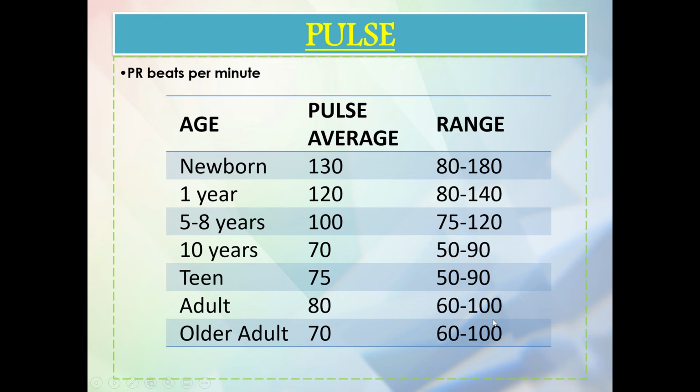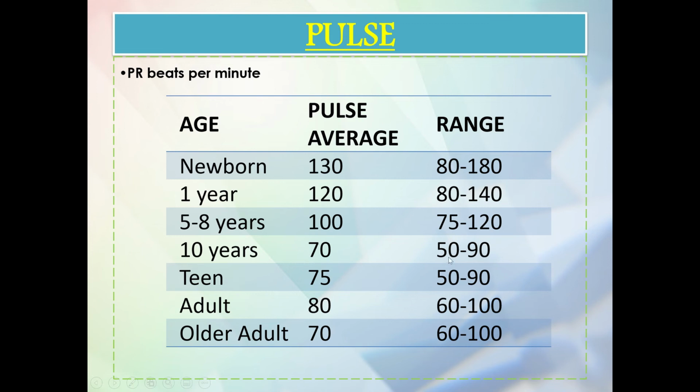So kung makakuha ka, for example, ng 62, 63, or 99, 98, so within normal pa yan, or within the average for adult. Pero kapag sa ibang age bracket mo siya kinuha, you have to check yung kanyang usual or kinompare. For example, ang nakuha mo sa bata ay around 50 lang.